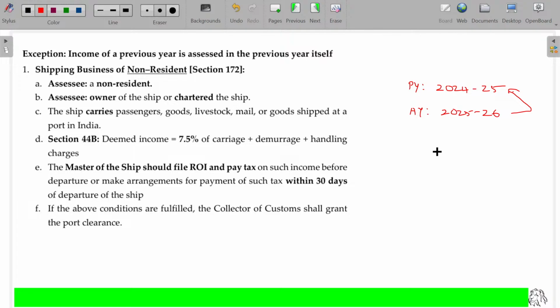Sometimes what happens, 24-25 being the previous year becomes the assessment year. Previous year is equal to assessment year. Clear? The previous year being 24-25, the year in which you are going to assess is the same year and you pay the tax in the same year. Why, sir?